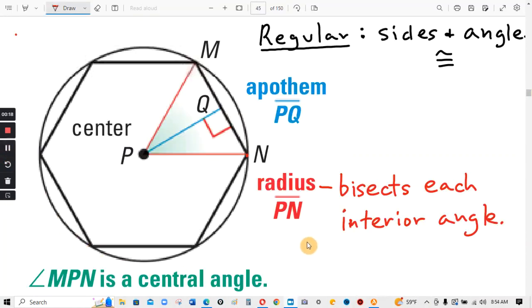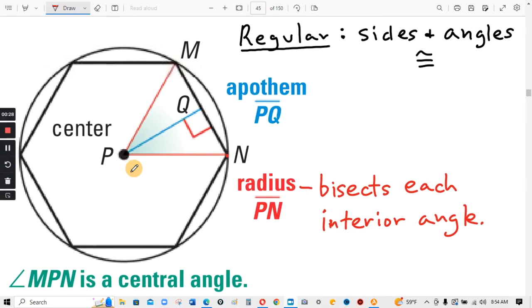So a few things you need to know for this part of the worksheet. This is just for a regular polygon where all the sides and angles are congruent. So you need to know that the radius bisects each interior angle.